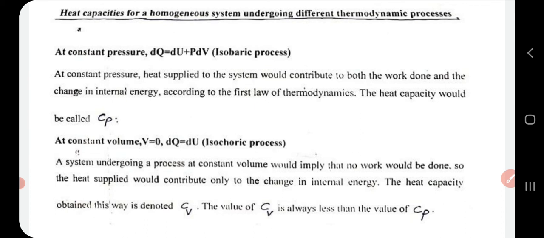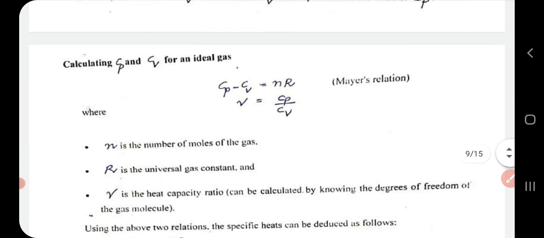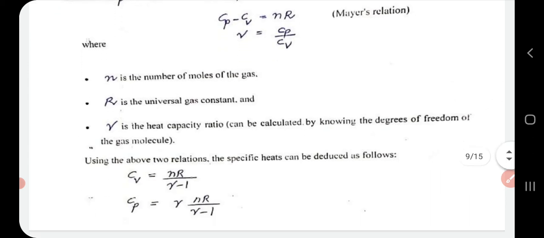Now the value of Cv is always less than the value of Cp. Now we know Cp minus Cv is equal to nR, where the ratio of the specific heat capacity at constant pressure to constant volume, that is Cp by Cv, is called gamma. Here n is the number of moles of gas, R is the universal gas constant, and gamma is the heat capacity ratio.